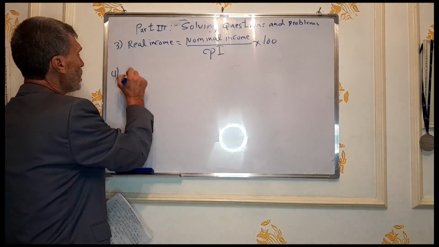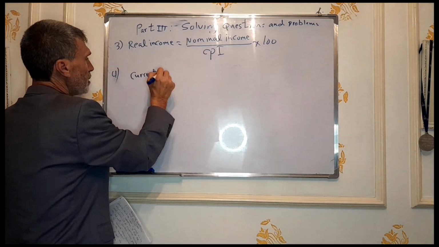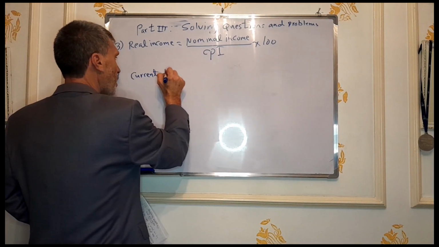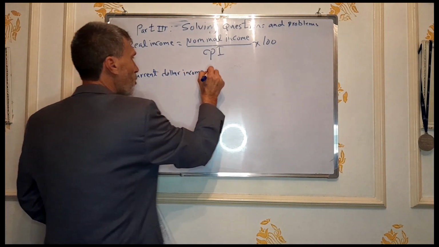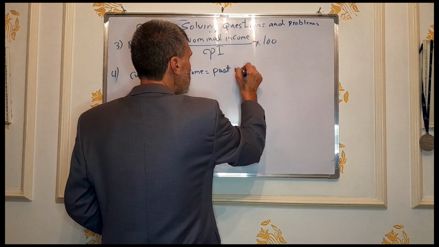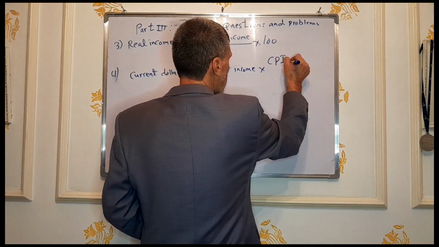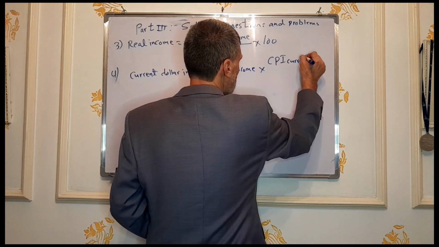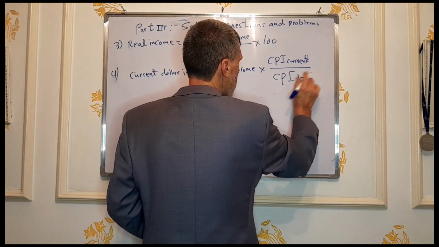So we use this formula: current dollar income is equal to past income times CPI current over CPI past.